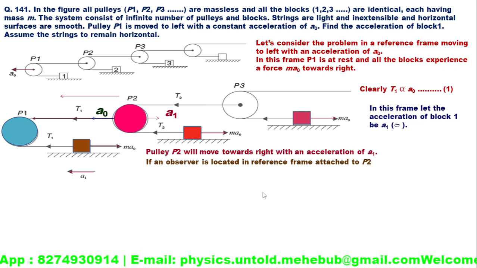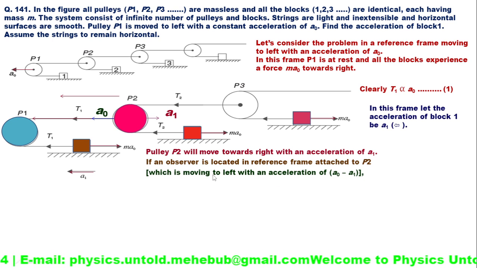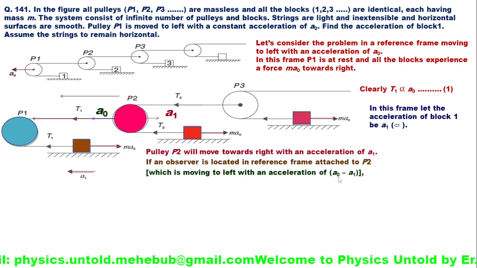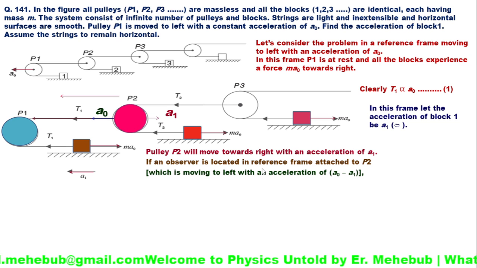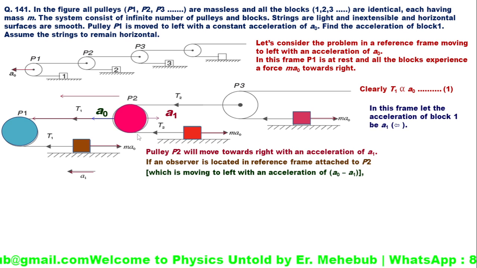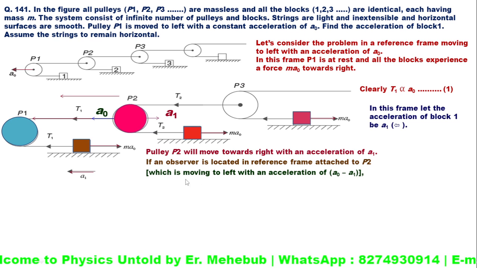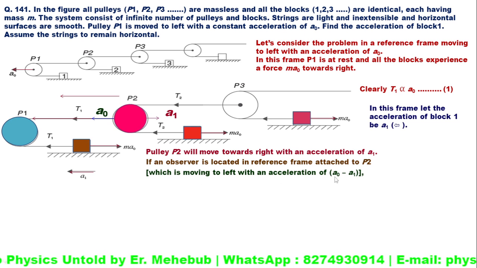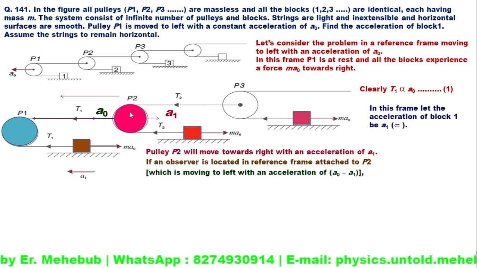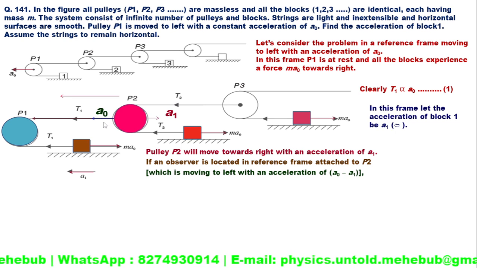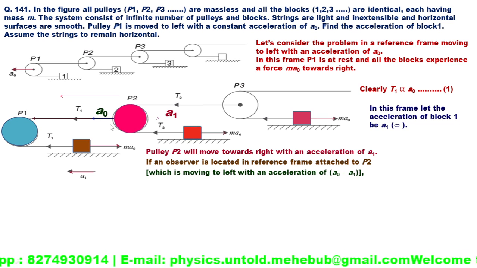From his point of view, the pulley is moving to the left with an acceleration a0 minus a1, because the observer is on the reference frame of P2, and the acceleration of the pulley in the leftward direction is a0, and the rightward acceleration of the pulley is a1.